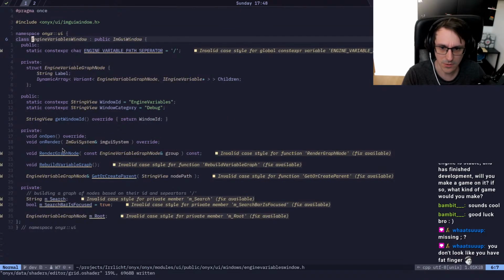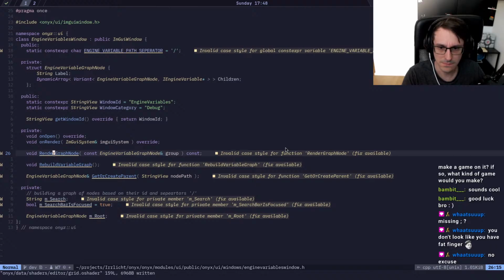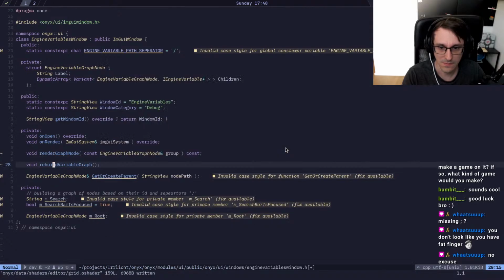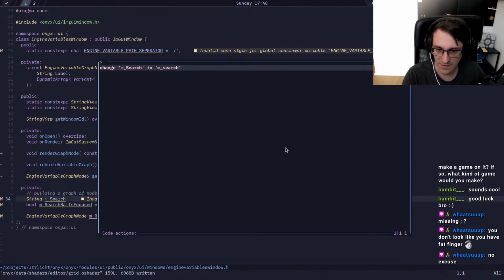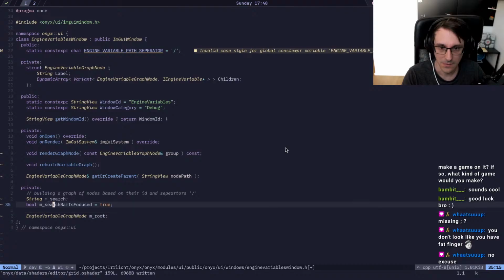No, that should work, right? Wait, why is that there? Ah, okay, it's called like that, okay. Oh, that's a shitty name. Or whatever.